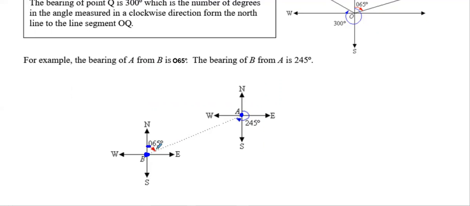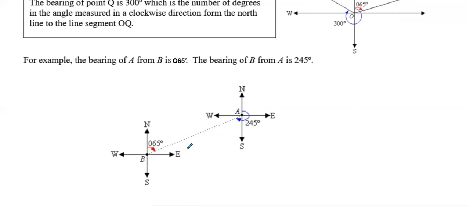Well, if this is 65 degrees, then the bearing would be 065 to get to A. Whereas the bearing of B from A, so from A implies you are standing at A and looking at B, what measurement would that be? Well, again, if you're measuring using bearings, then it would be that angle right in there. Okay, and that happens to be 245 degrees.